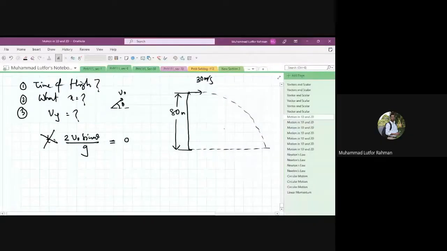To find out the time, it is the time actually taken to reach from here to here, right? That is actually the time of flight. In that time of flight, it also travels this vertical displacement, because when you throw it, in that case it has only a horizontal velocity, it has no vertical velocity. Gradually this velocity Vx will remain the same, but this Vy will gradually increase in the downward direction, right?